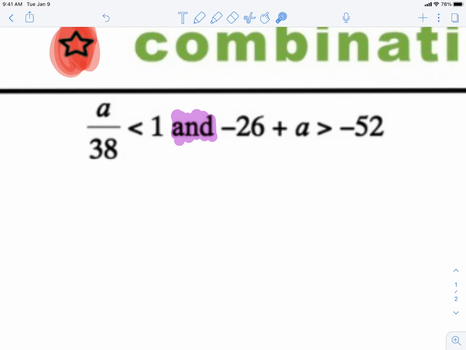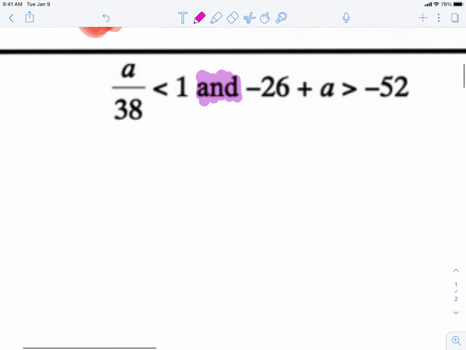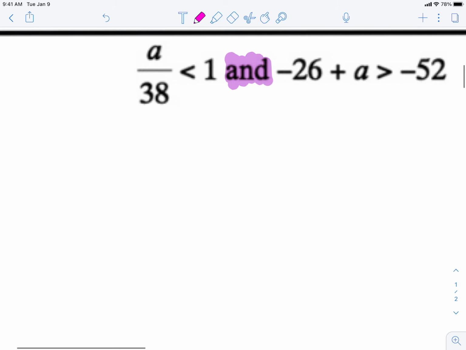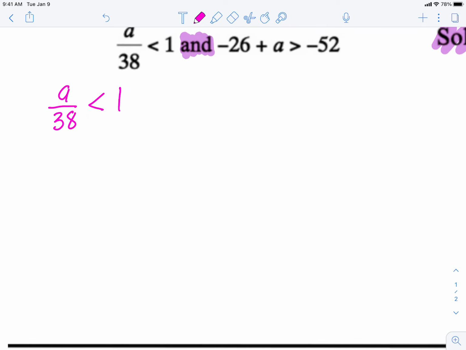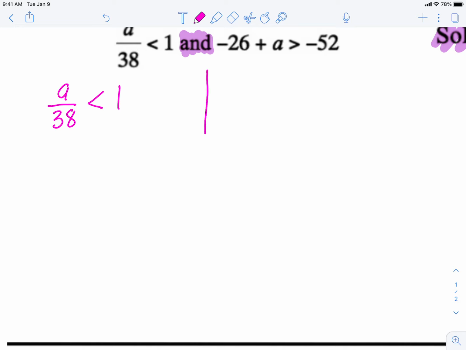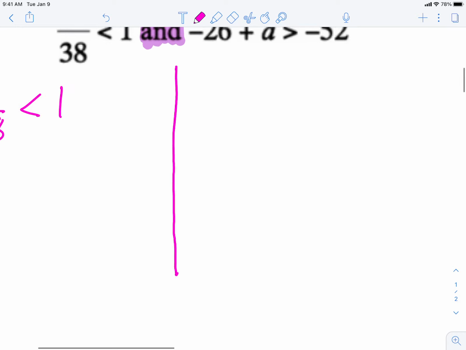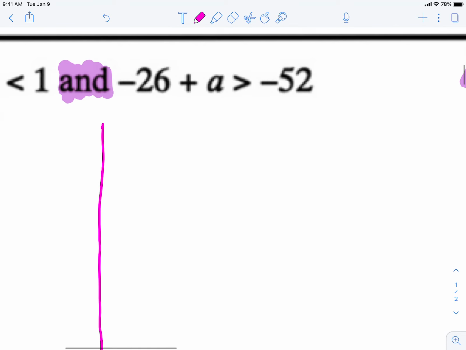So this actually has two problems in one. So let's solve those two problems, right? We're going to take them one at a time. So first we're going to say A divided by 38 is less than 1. Okay, that's one problem. I'm going to draw my line here to separate. Next, I'm going to do my second problem, which is negative 26 plus A is greater than negative 52.